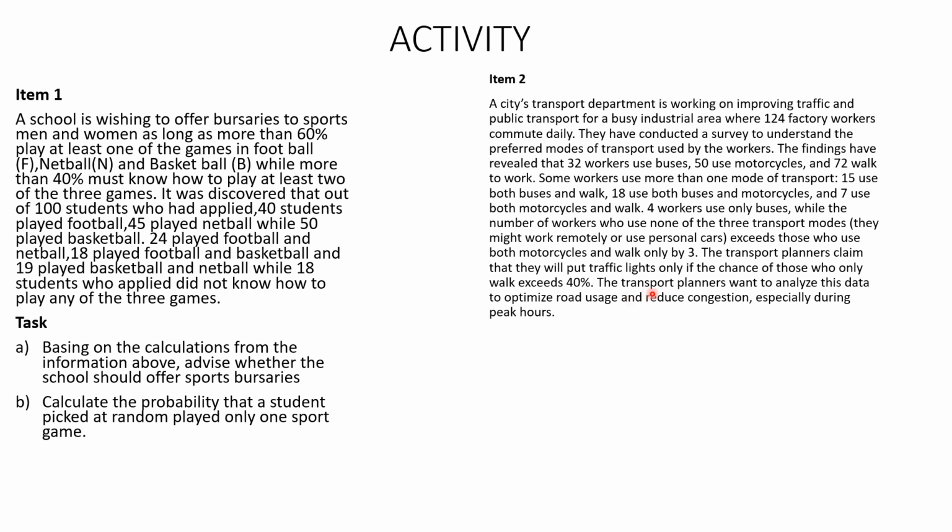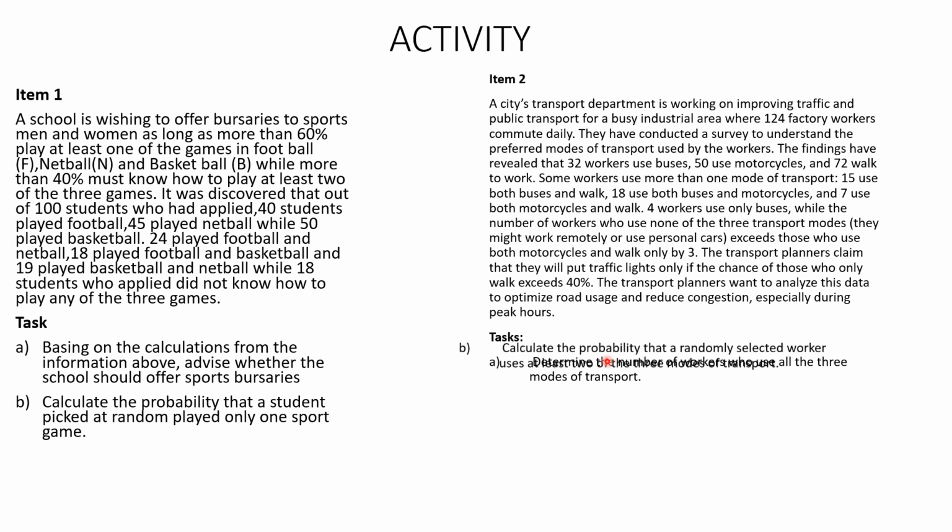So the transport planners want to analyze this data and optimize the road usage and reduce congestion, especially during the peak hours. So the task here is determine the number of workers who use all the three modes of transport.